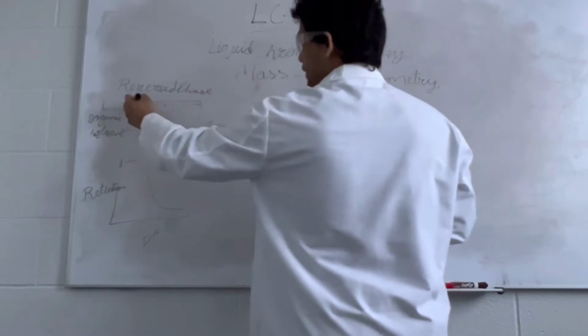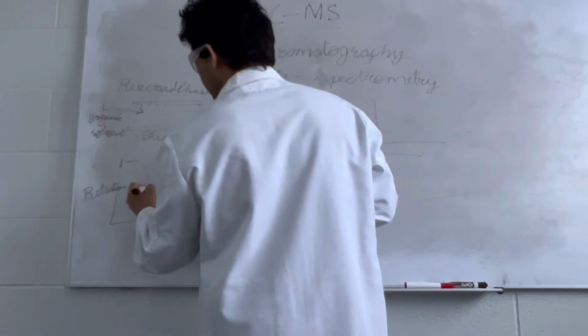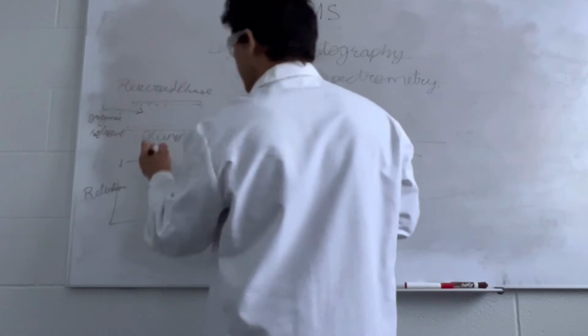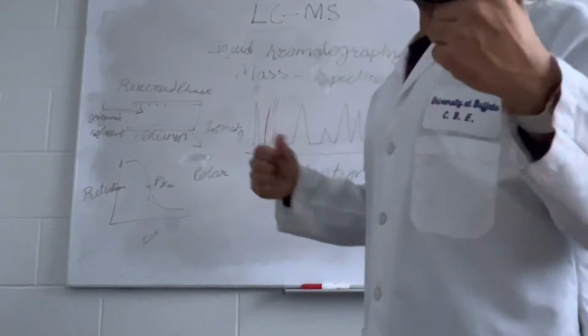Suppose the sample that sticks to the column is acidic and its pKa lies here. We will understand what the pKa value is in some other video.